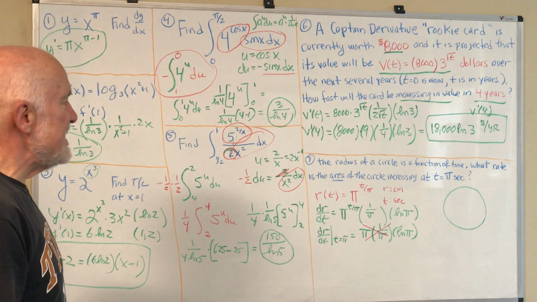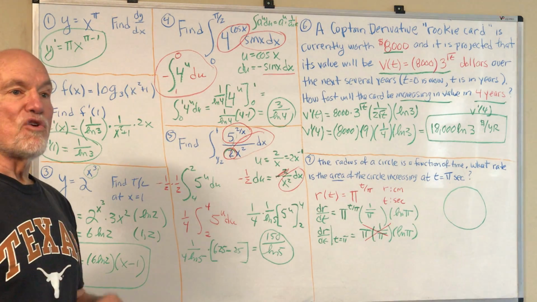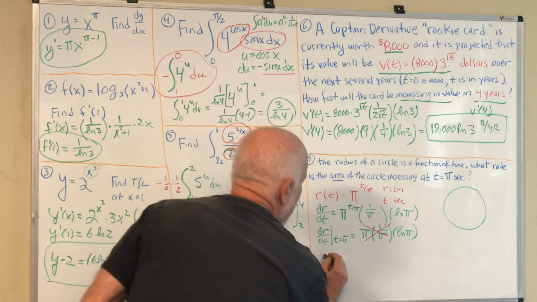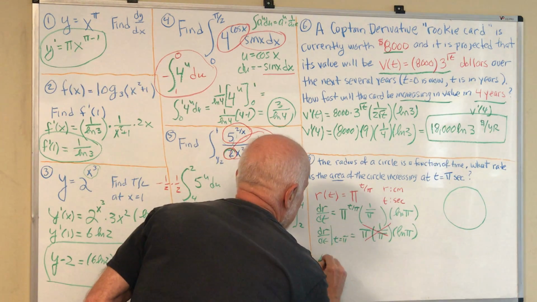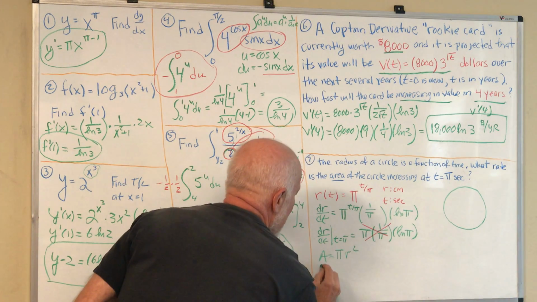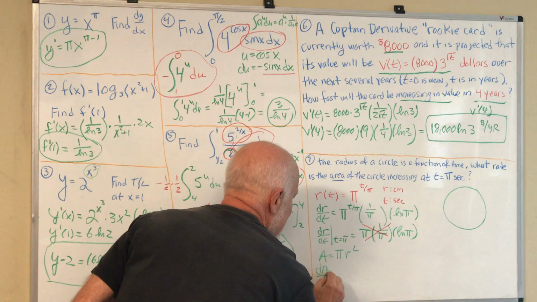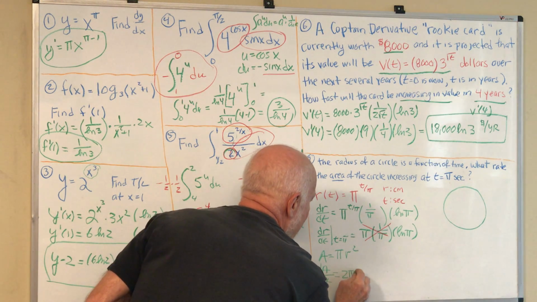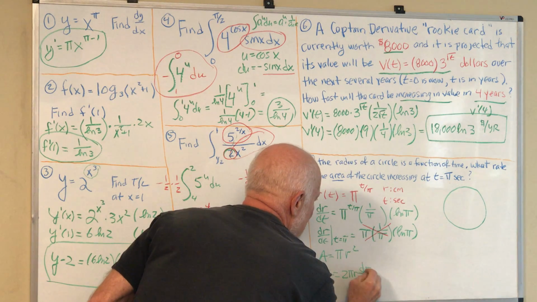So we now know what dr dt is. So what's the relationship between A and R? A equals pi r squared. So dA dt, what we're looking for is 2 pi r times dr dt.